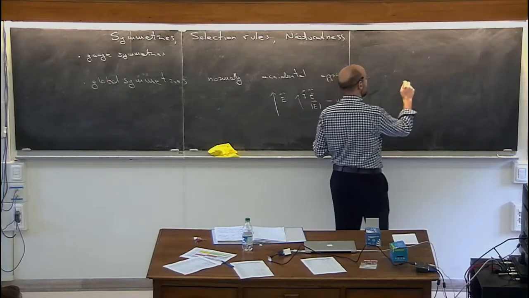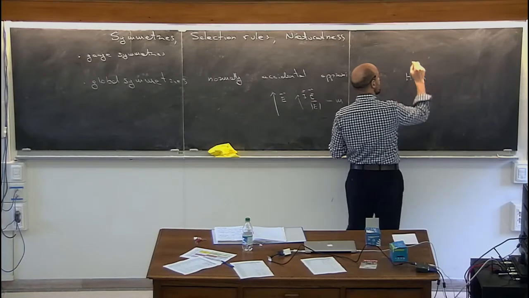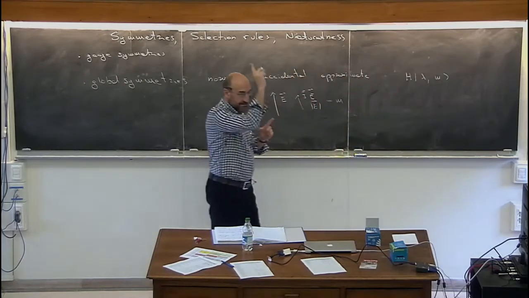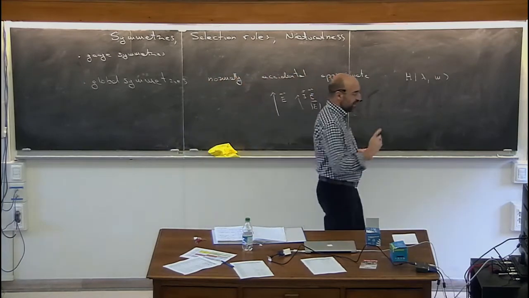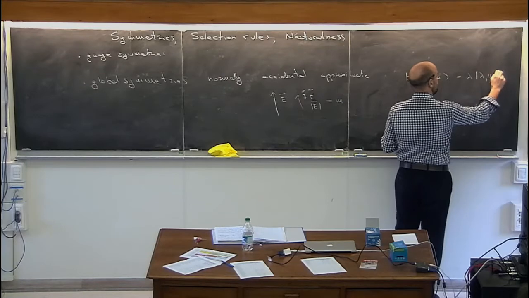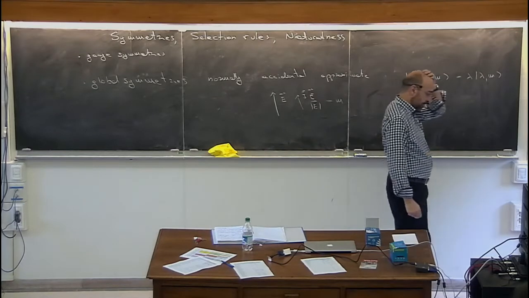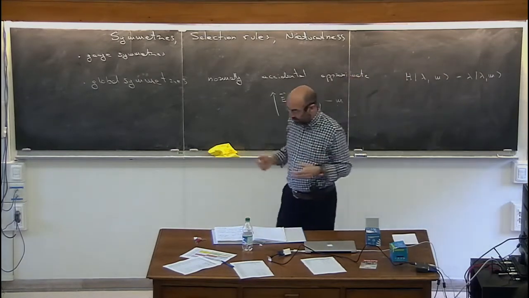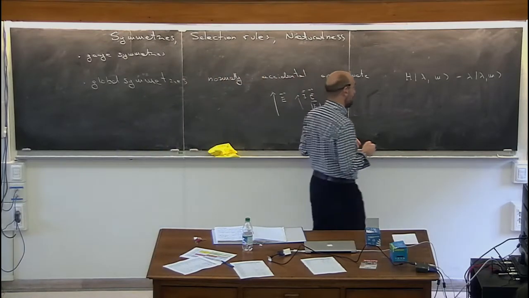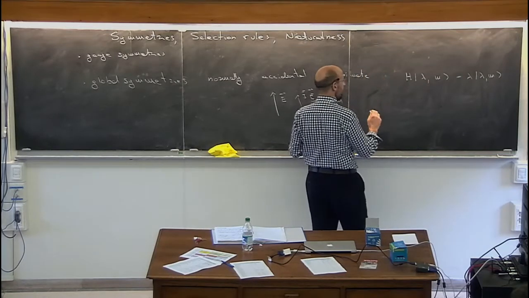So given an eigenstate, some state which has energy eigenvalue lambda, so H, and angular momentum in the direction of the electric field M, this eigenstate will be a linear combination of states with different definite total angular momentum, and you can measure this mixing in the following way.